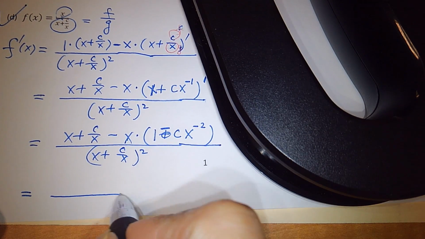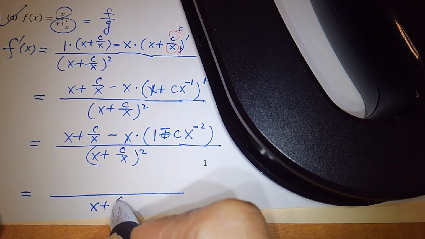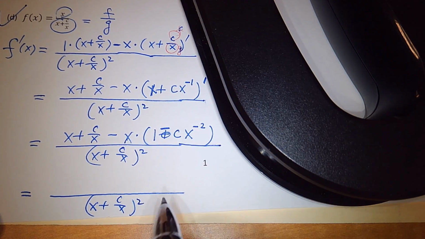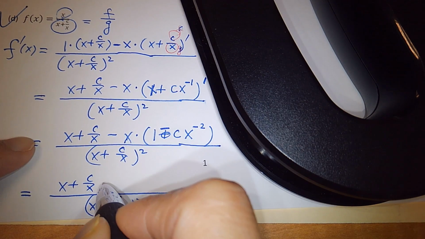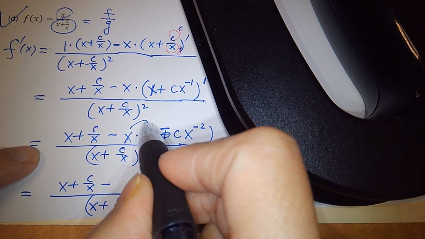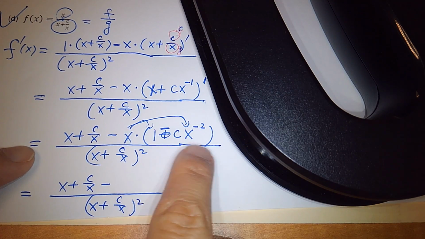Equals, on the bottom, x plus c over x squared. On the top we have x plus c over x, okay, well here x times the parentheses.